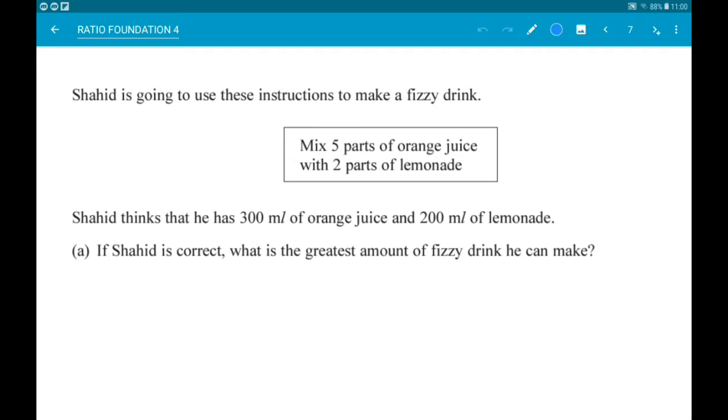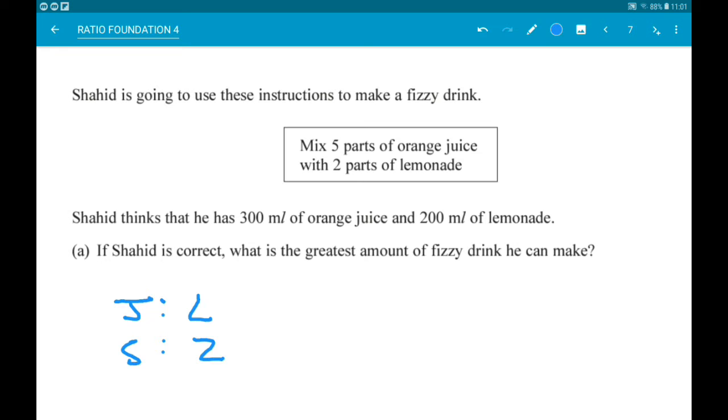Okay, so let's have J to L. So the ratio is 5 to 2. Okay. Shahid thinks that he has 300 ml of orange juice and 200 ml of lemonade.